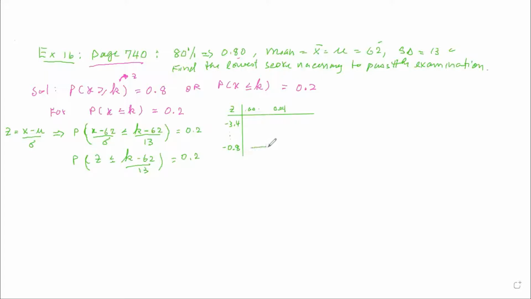When you lead to here, negative 0.84 becomes equal to 0.2005.